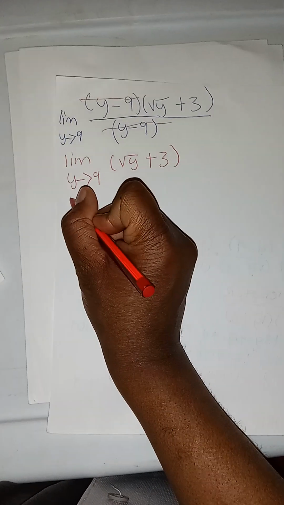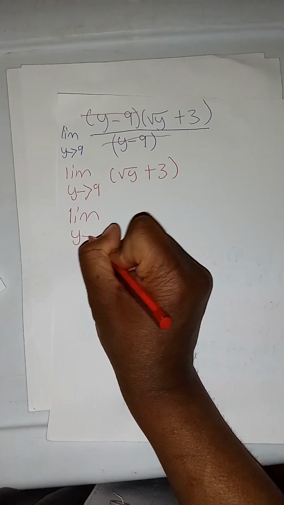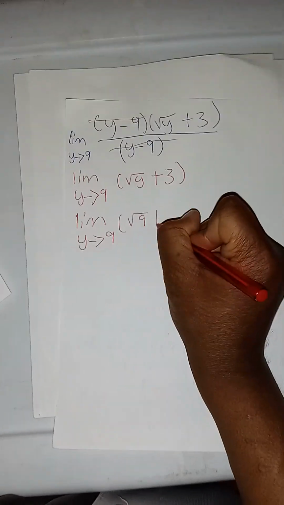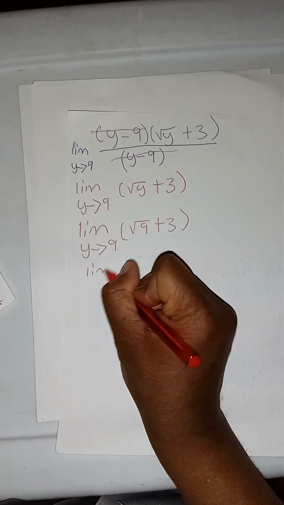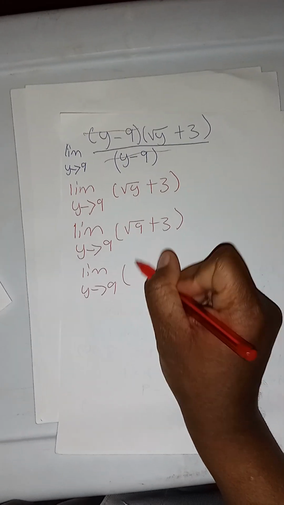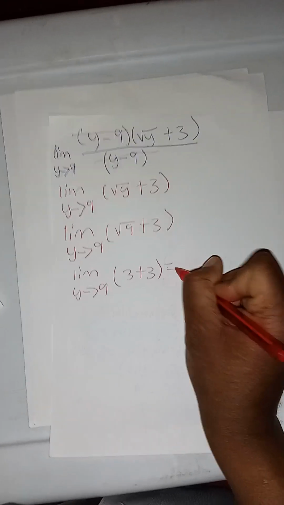So now we substitute 9 into the equation. So the limit as y approaches 9 of the square root of 9 plus 3. The square root of 9 breaks down to 3, and then plus the other 3 will equal 6.